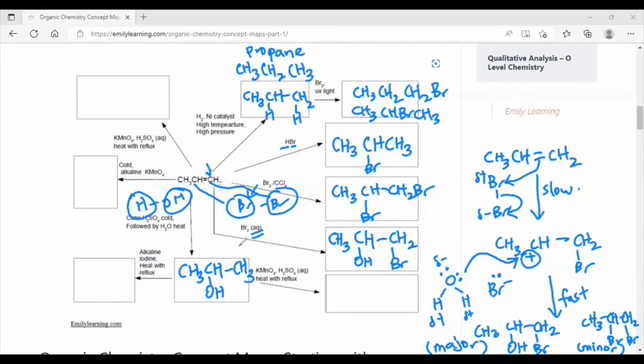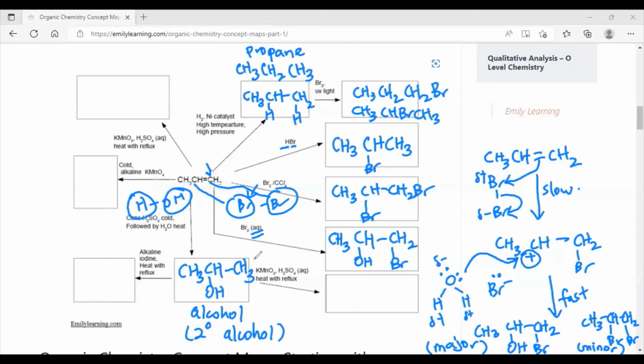This product here is basically an alcohol. If you take a closer look at this, this is a secondary alcohol, because this C that is directly attached to the OH group is directly attached to two alkyl groups, and has one H. So this is a secondary alcohol.